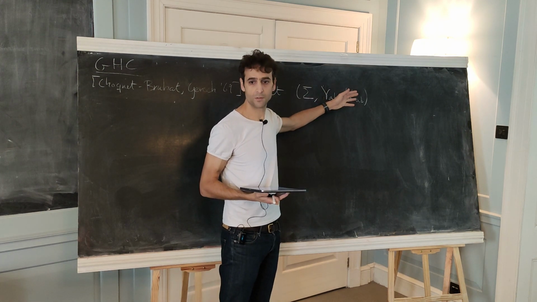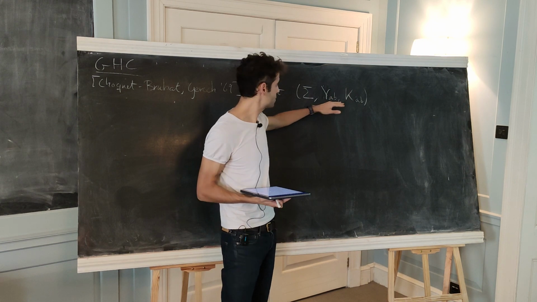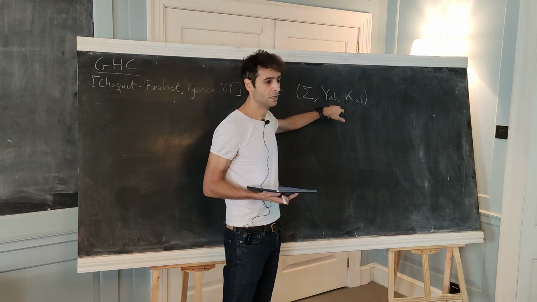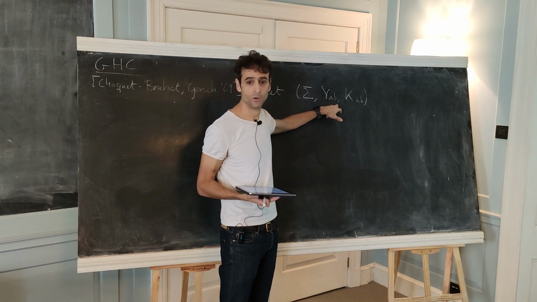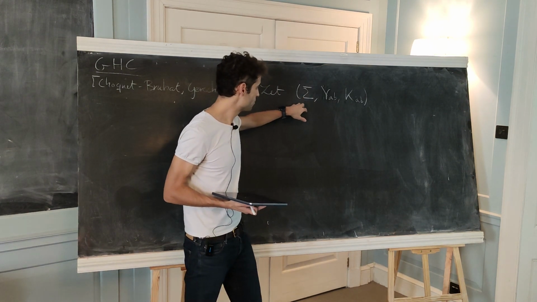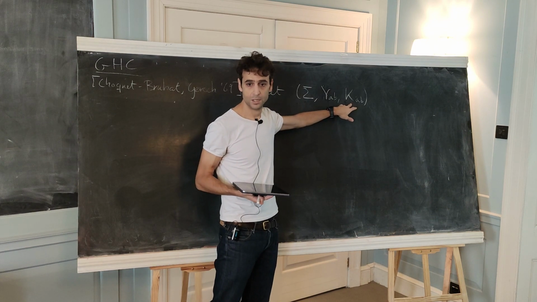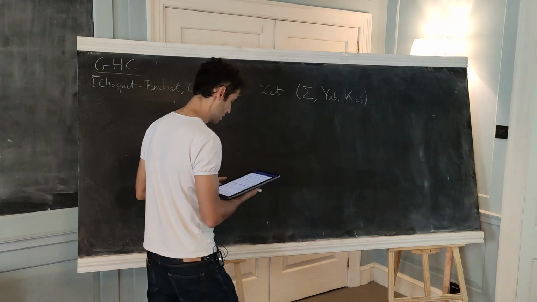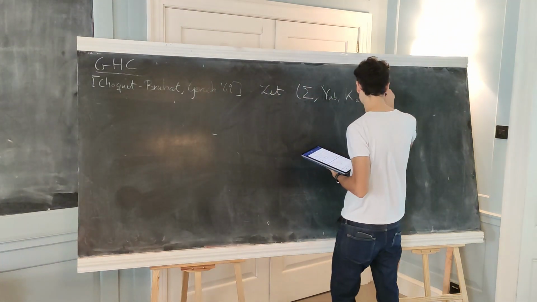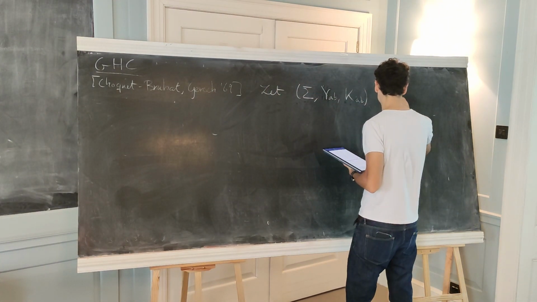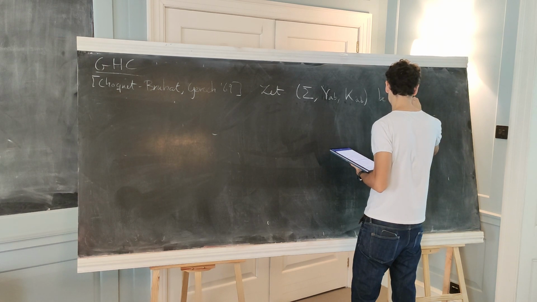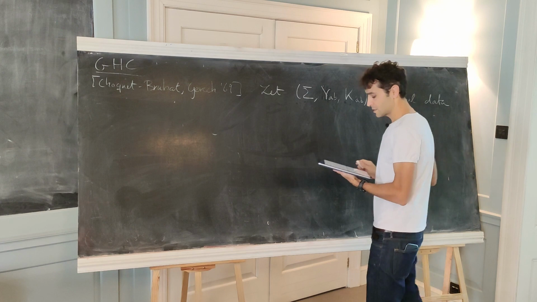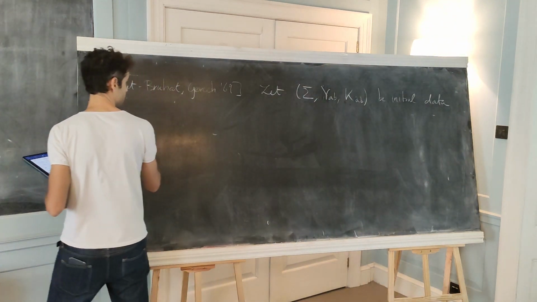What this theorem tells us is that these are not just data on this hypersurface, but these are really the pullback of the full spacetime metric onto sigma, and this is the extrinsic curvature. So this is just part of spacetime. Okay, so let this be initial data satisfying the constraints.